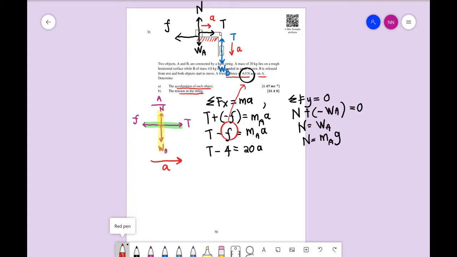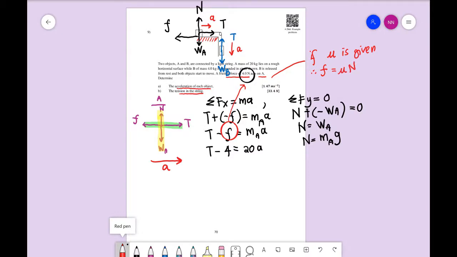But if the question only gives you mu, the coefficient of friction, then you have to determine friction by using the formula friction equals mu times normal.